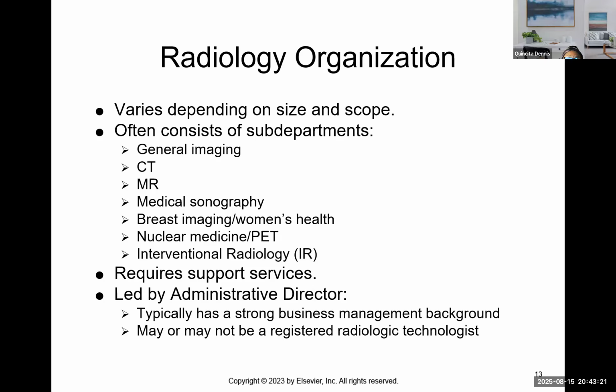All of these are still some form of imaging, each for the specific needs the patient would have. With all of these different services under the big umbrella of radiology, all of these areas would need some type of service support, whether that's scheduling, transport, or equipment maintenance. Every one of these sub departments is going to need support services.